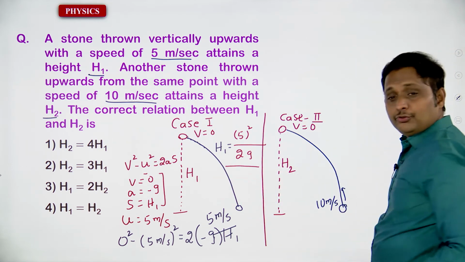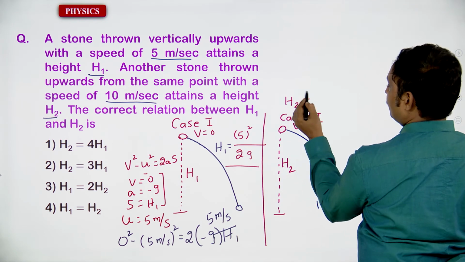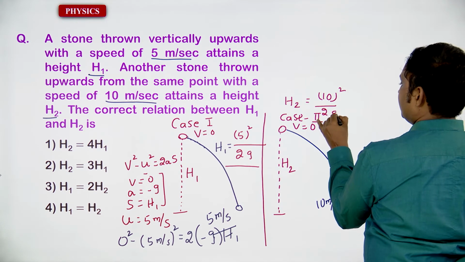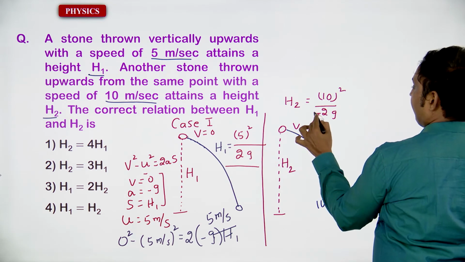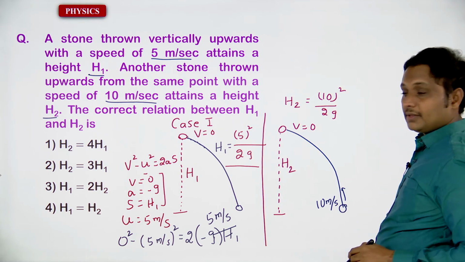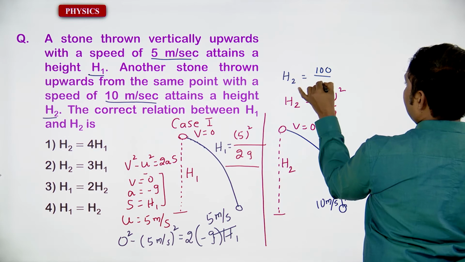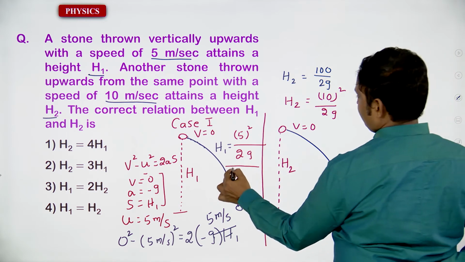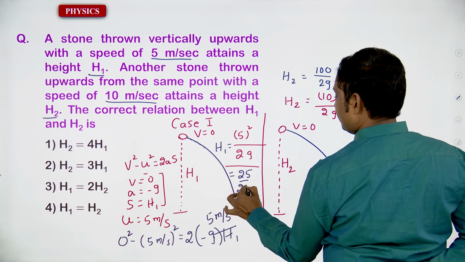Similarly, you will get H2. H2 is equal to 10 square by 2g. Therefore H2 is equal to 100 by 2g, and H1 is equal to 25 by 2g.